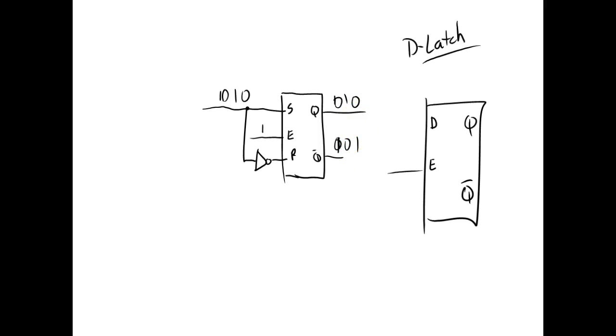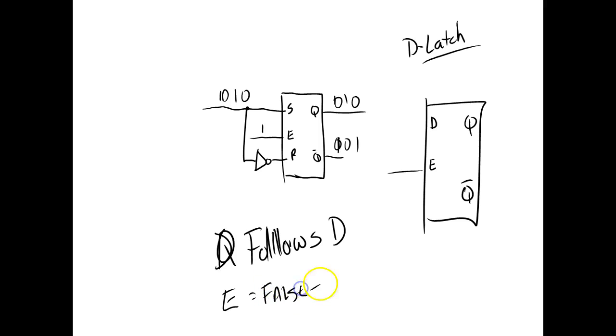So as long as the enable is true, Q follows D. Now what about if E is false? It's latched. And that's a D flip-flop if it's level triggered.